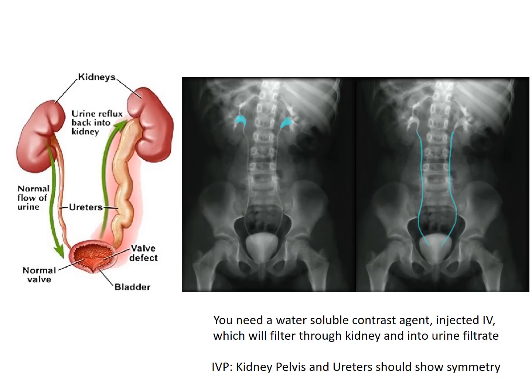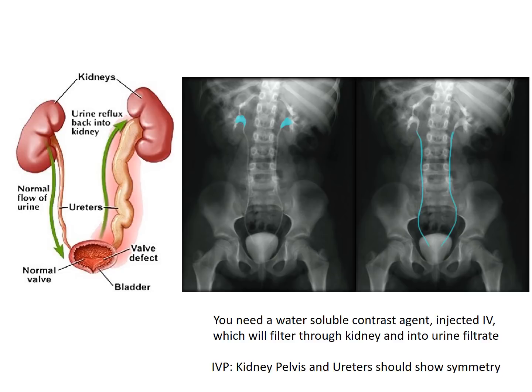The blue color on each was just photoshopped in to better highlight the pelvis in the middle picture and the ureters on the picture all the way to the right. So this is an example of an IVP, intravenous pyelogram, where water-soluble radiocontrast was injected into the patient so you can then outline the renal pelvis and the ureters in the bladder.